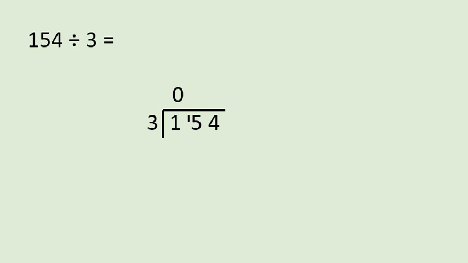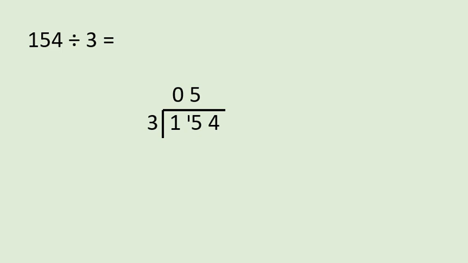So how many 3s go into 15 tens? 3, 6, 9, 12, 15. 3 goes into 15 tens 5 times. So I will put my 5 above the line just like this. Right, now what's our next step? Yes, well done.